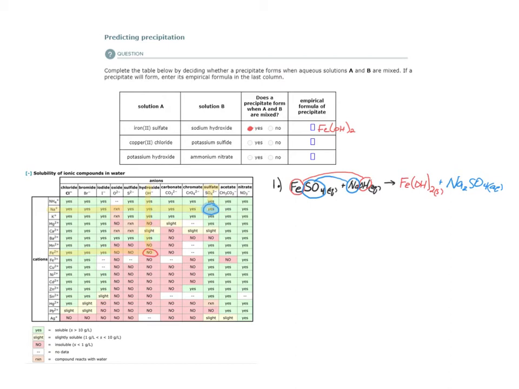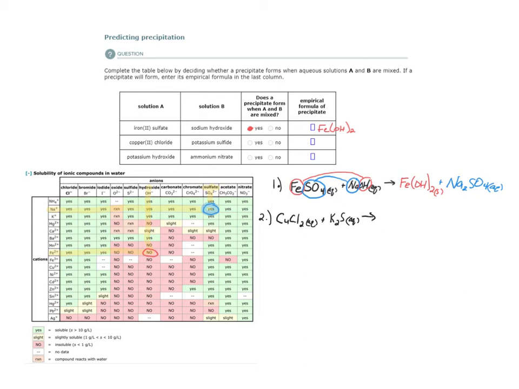What about the second one? Copper 2 chloride. So we have a solution of copper 2, CuCl2, and I mix it with a solution of potassium sulfide. Notice I should be able to write the correct chemical formula given the name.